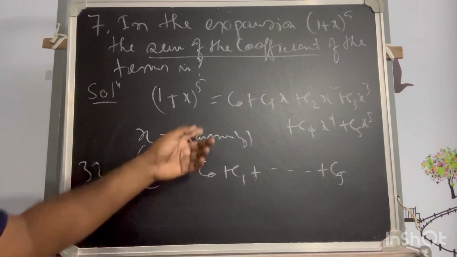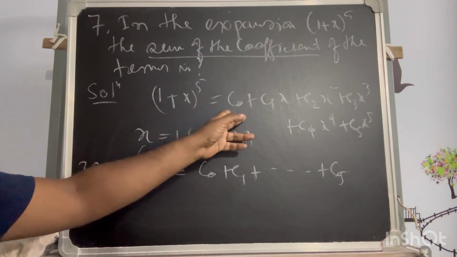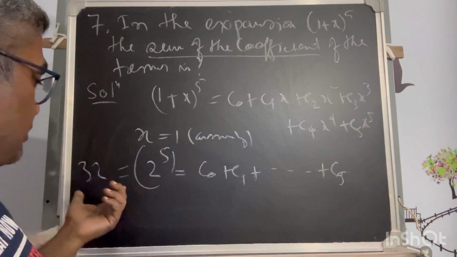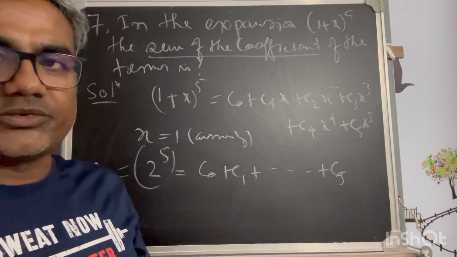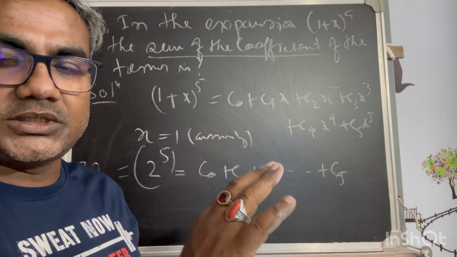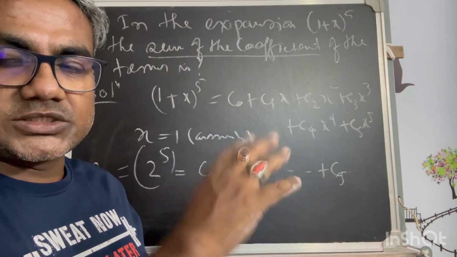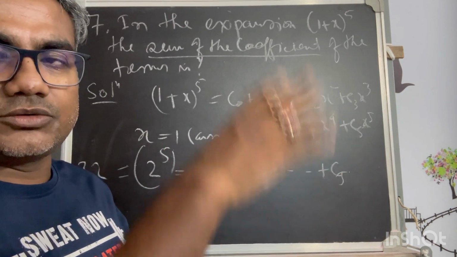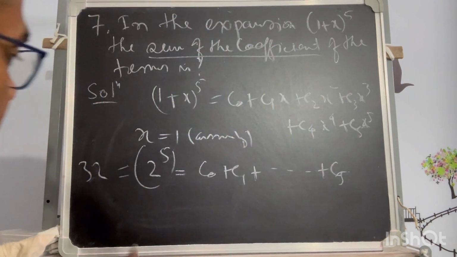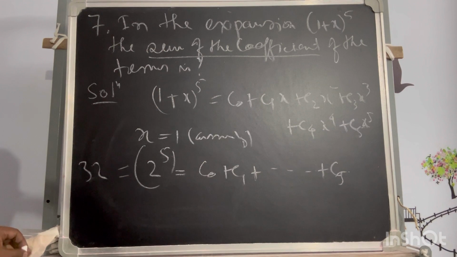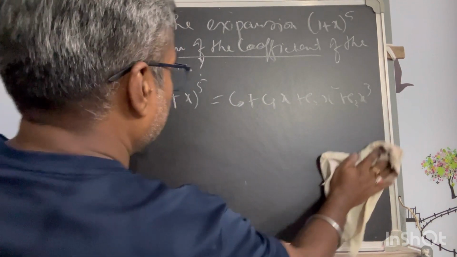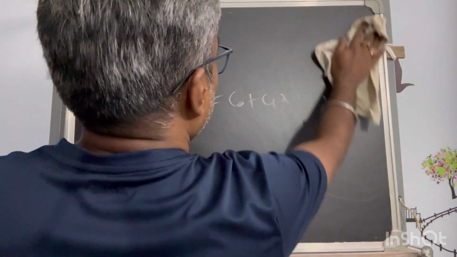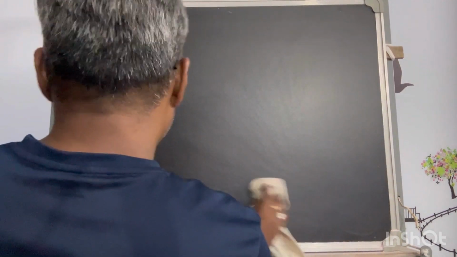Okay, so the sum of the coefficients will be 2 to the power 5, that is equal to 32. That already you have learned. The sum of all the coefficients of the series 1 plus x whole to the power n is equal to 2 to the power n. That is following here also. Instead of using the formula, we have again used the theoretical method to solve this question.